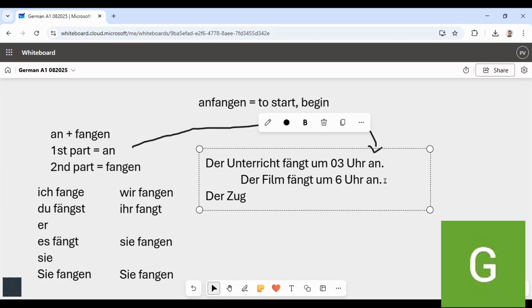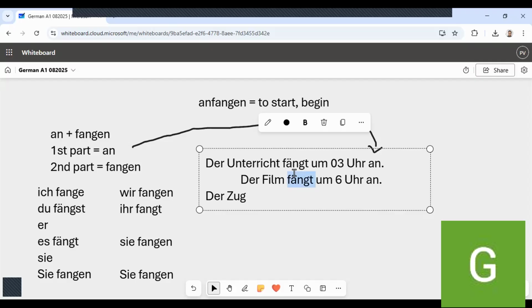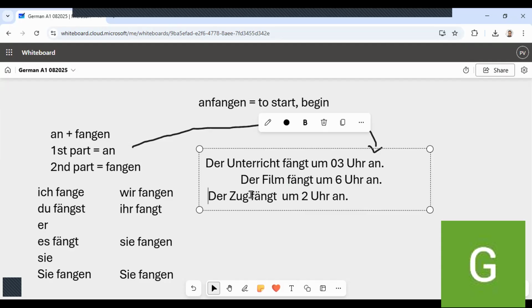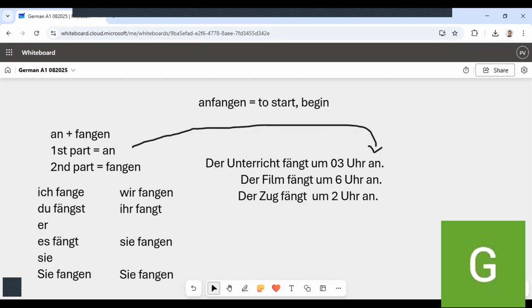Der Zug fängt, what time? 2 o'clock. Um 2 Uhr an. Der Zug fängt um 2 Uhr an. Okay. So this is how a sentence can be made with the verb anfangen. Okay. I hope this verb is also clear.